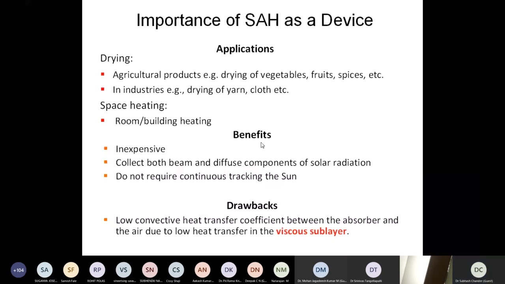Air is to be heated, and that heat is to be imparted conveniently from the absorber plate to the air. If the absorber plate is unable to pass on the heat to the air, then the temperature of the absorber plate may rise, and a rise in temperature may lead to some more losses, and that is again unfavorable, right? So we have to continuously take the heat out from the absorber plate. But the fluid dynamics is very, very tricky over there.